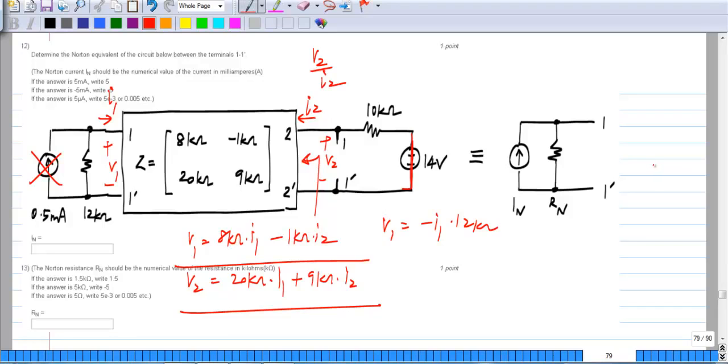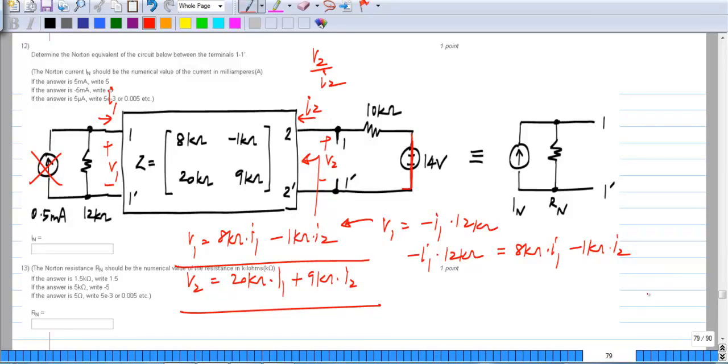So now, if I substitute that in here, I'll get minus I1 times 12 kilo ohms equals 8 kilo ohms times I1 minus 1 kilo ohm times I2.